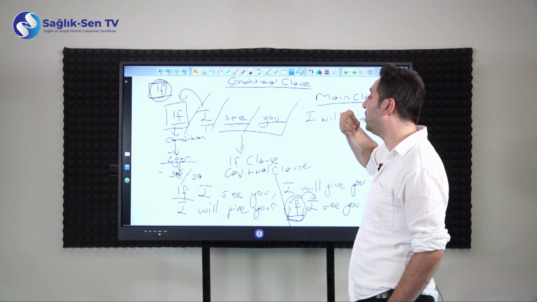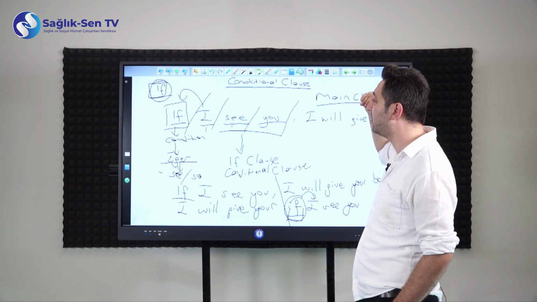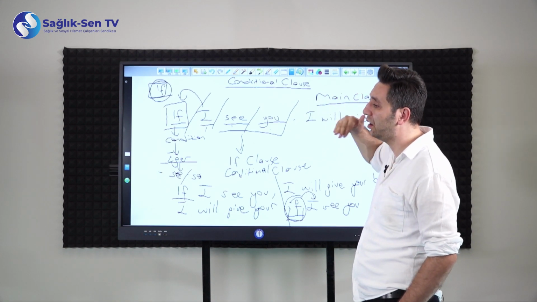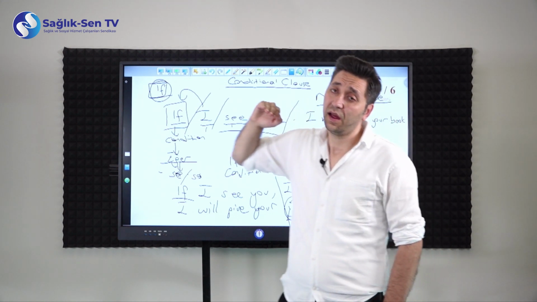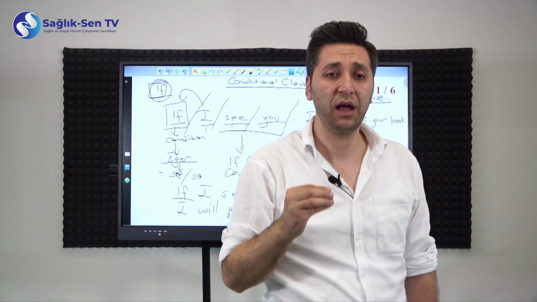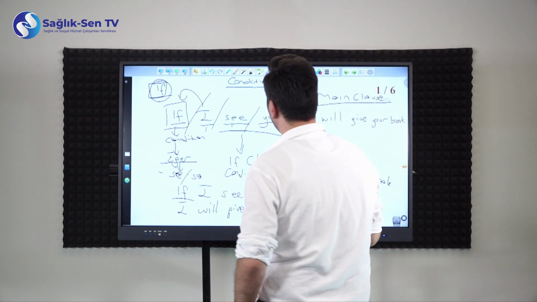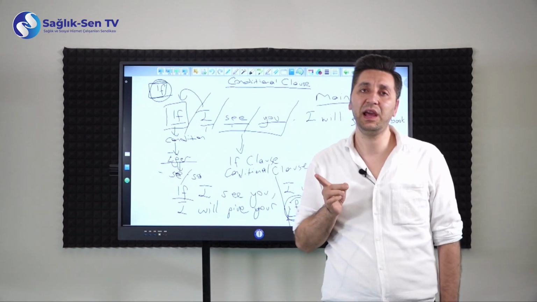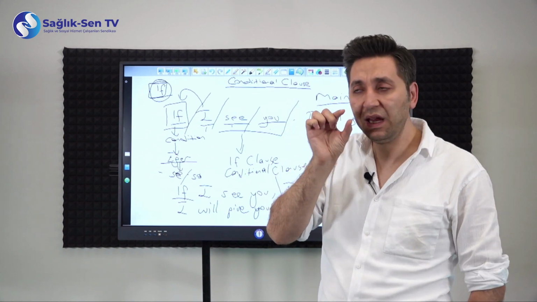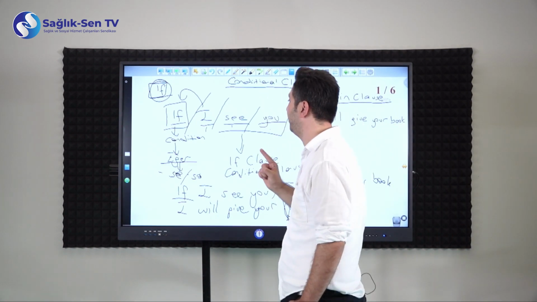And if gives the meaning of the conditions. And it gives the meaning to the sentence which I use after it. So, which sentence I use is very important, because when I use my sentence after if, the conjunction if gives the meaning of itself to the sentence I used after it.